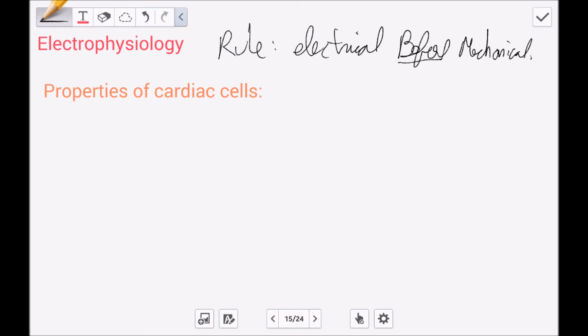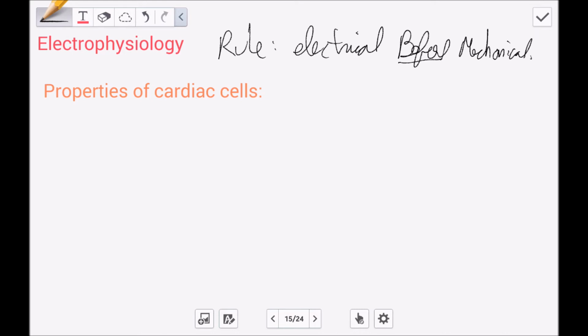So once the heart is ready to pump, there are electrical signals that go throughout the whole heart, and the electrical signals must always be initiated before a mechanical contraction or mechanical activity can follow, right?